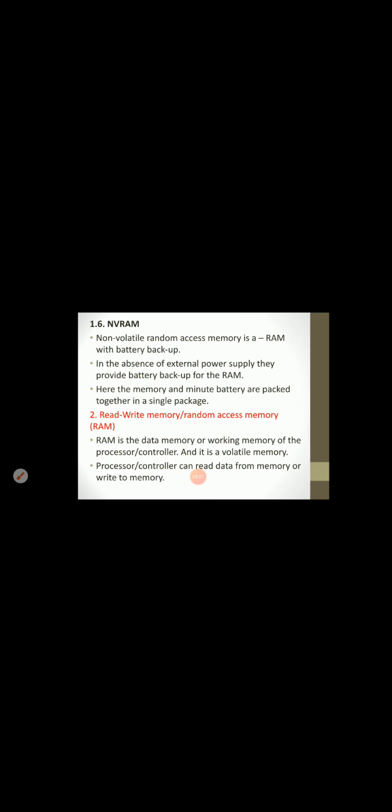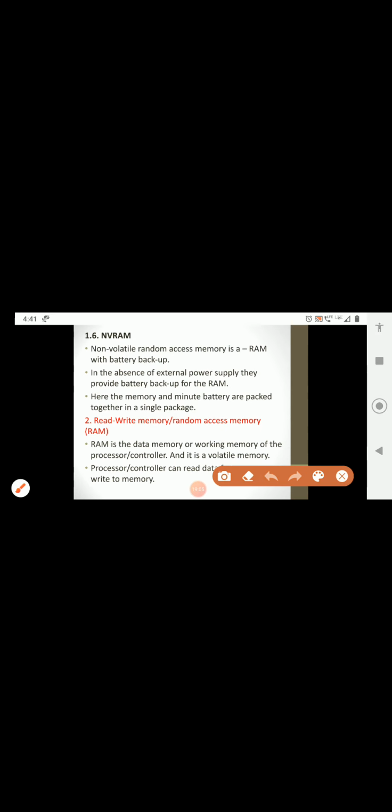Now we'll see what we mean by read write memory, or what they generally call RAM, or random access memory. So you know that RAM is a data memory or working memory of the processor or controller. That you should remember.